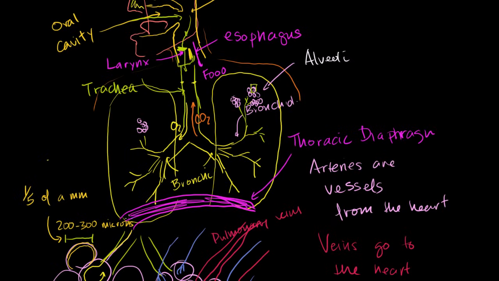And so when it's relaxed, it kind of has this arch shape, and so the lungs are kind of squeezed in. They don't have a lot of volume. But when I essentially breathe in, this thoracic diaphragm is contracted. And when it's contracted, it gets shorter, but more importantly, it opens up the space where my lungs are, and so my lungs can fill up that space.